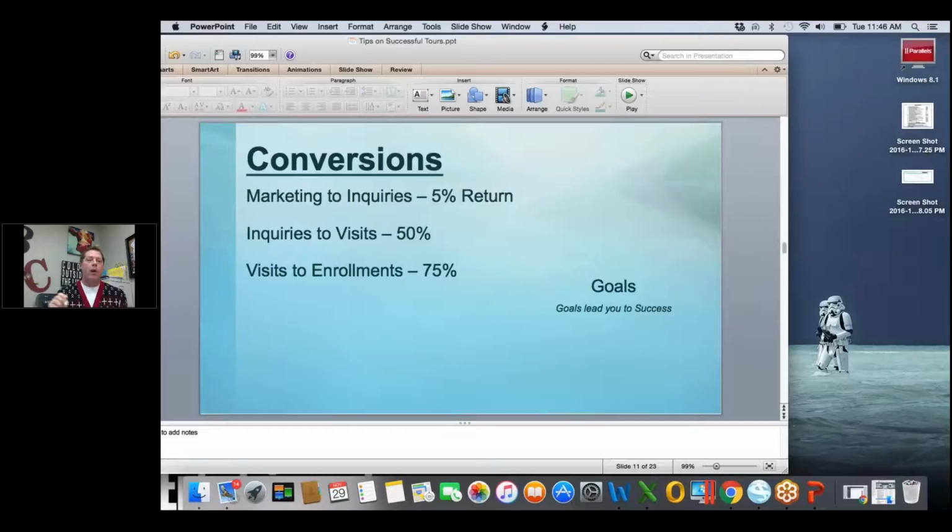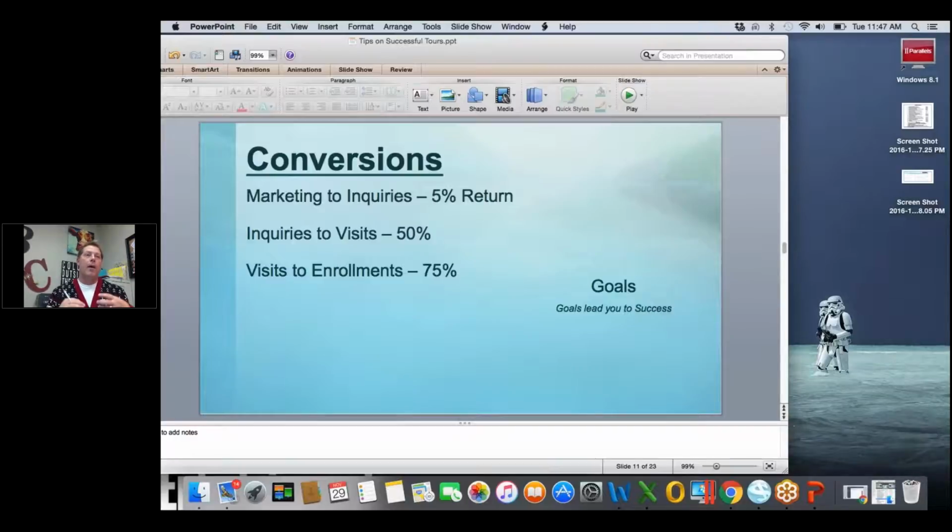Now, once you get them in the front door, my goal is for 75% of those people to enroll. This is where you've got to believe in your program. You've got to believe in your school. The secret to success in this industry is confidence. When you're confident about your school, you're confident in your staff, you're confident in your curriculum, you will be successful.